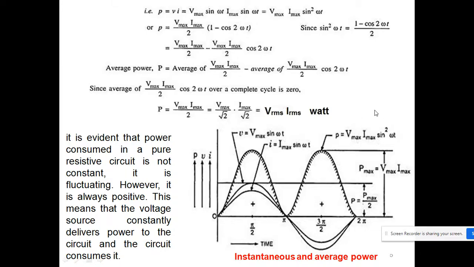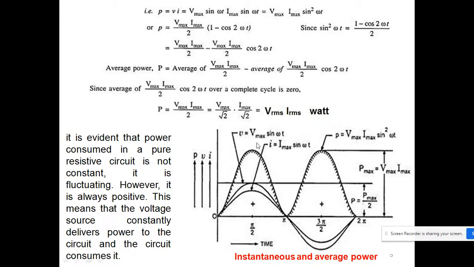I'm talking about the instantaneous value of the power. That power is fluctuating. When I take the average of that, you can see this is the average value, and this is the maximum value of power here.